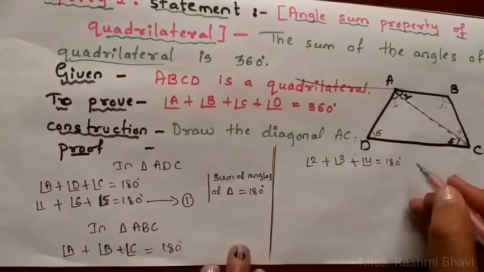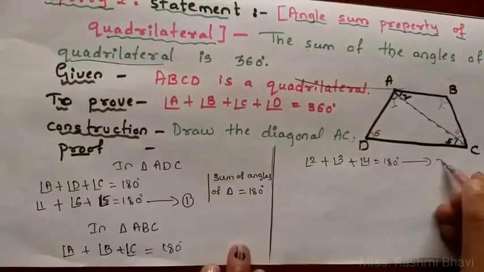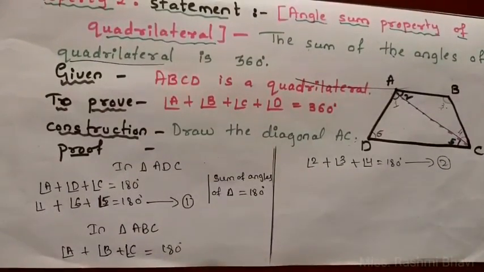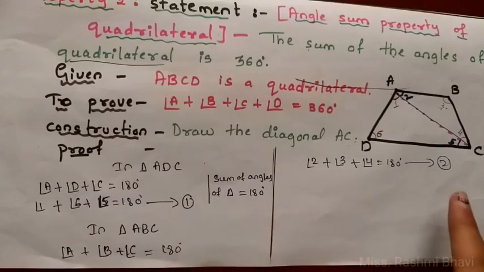Give this the name equation 2. Here total how many equations are there? Equation 1 and equation 2.